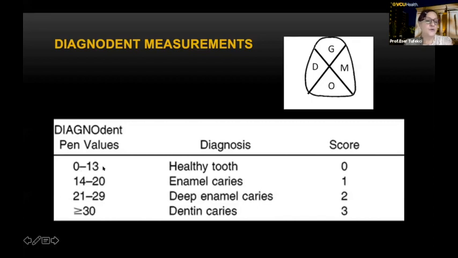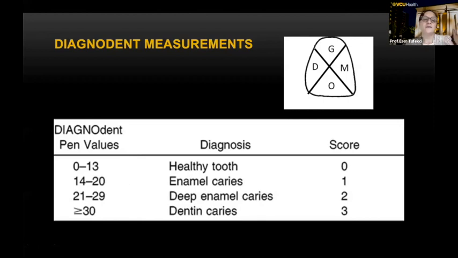I don't know if you're familiar, but Diagnodent will tell you if the tooth is healthy: the reading will be between 0 and 13. If there are enamel caries, it will be between 14 and 20. Usually, the proper method, since everybody has a different composition, is that you first calibrate your Diagnodent pen on a healthy area of the tooth surface.